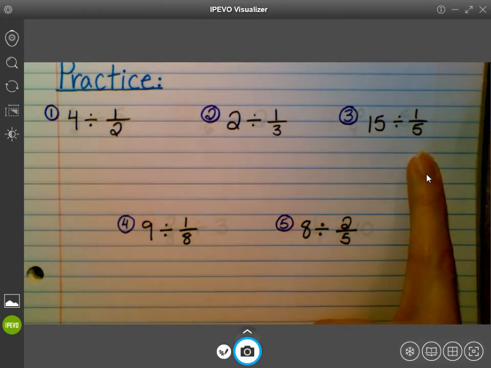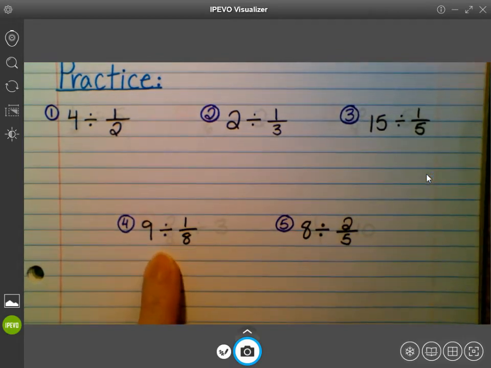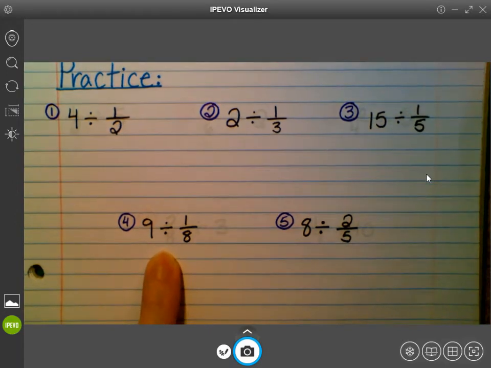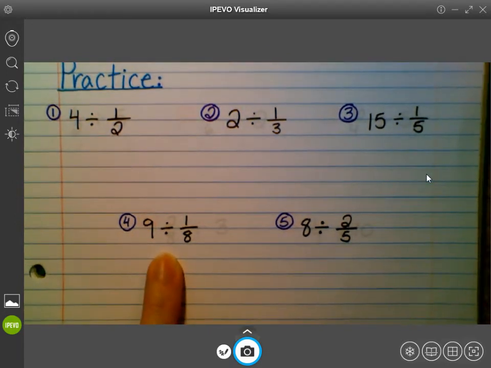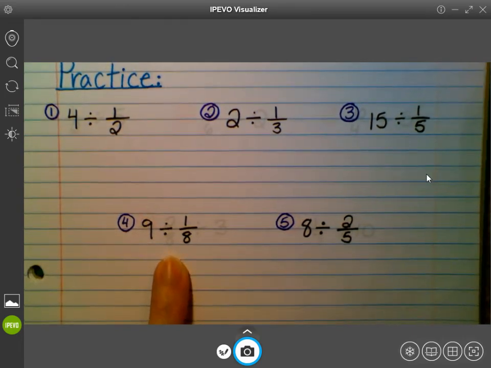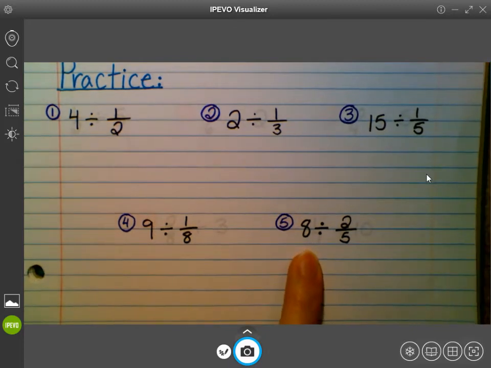That's a 5 as the denominator. Number 4 is 9 divided by 1/8. And then number 5, our last one, is 8 divided by 2/5.